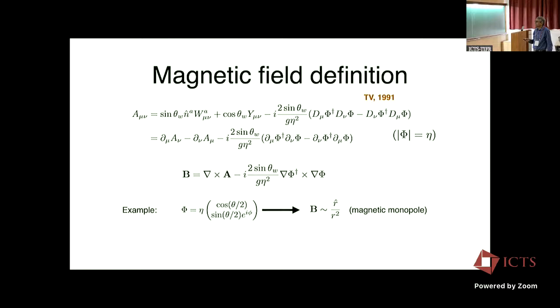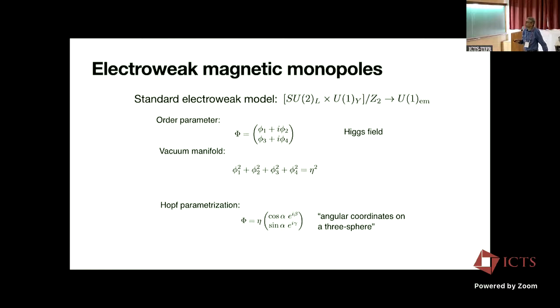Let me go back over here for just a minute. Remember, we said when we were discussing topology that magnetic monopoles form when there's a mapping from S2 to something like an S2, so there has to be a manifold which has a hole in it. But the vacuum manifold here is an S3.